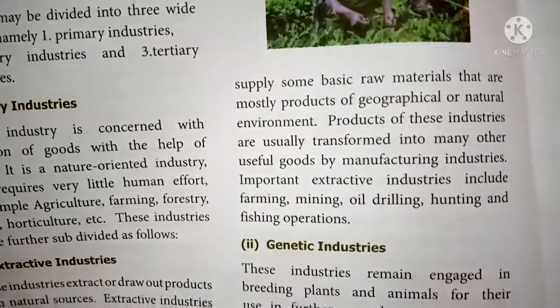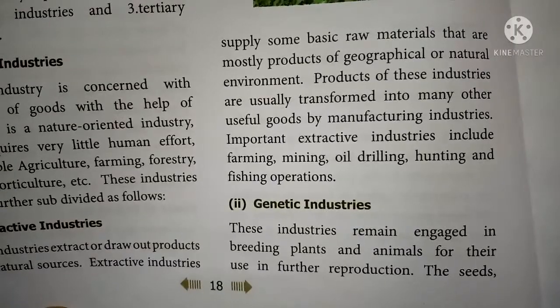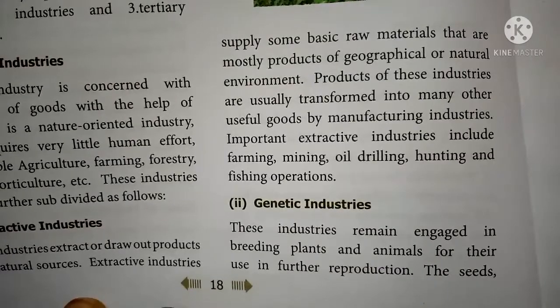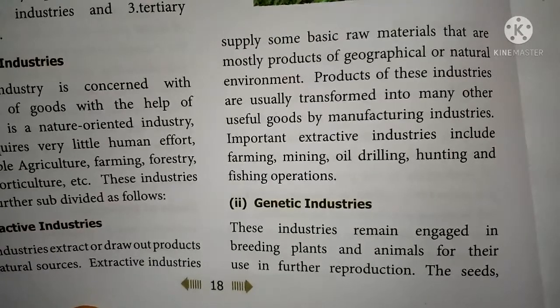Genetic industries. Genetic industries remain engaged in breeding plants and animals for their use in further reproduction. Plants and animals are used for further reproduction. That type of industry is called genetic industries.